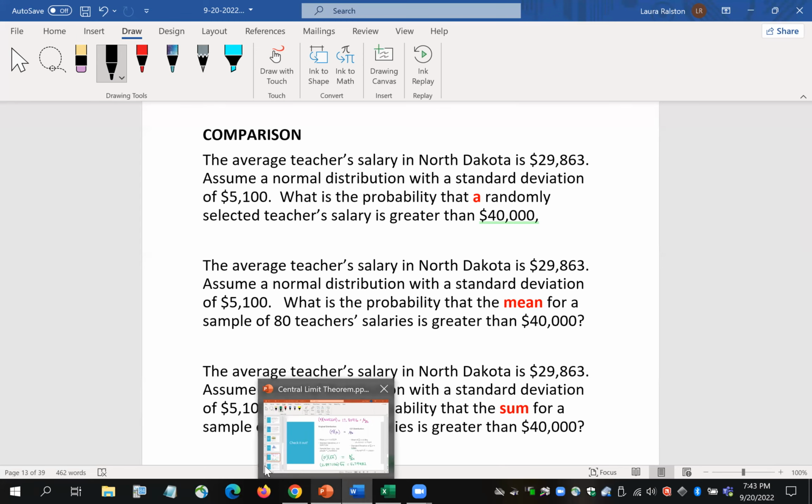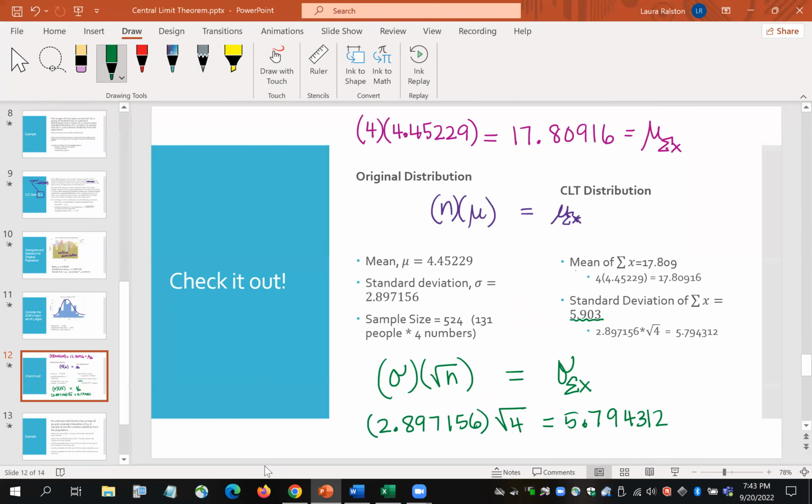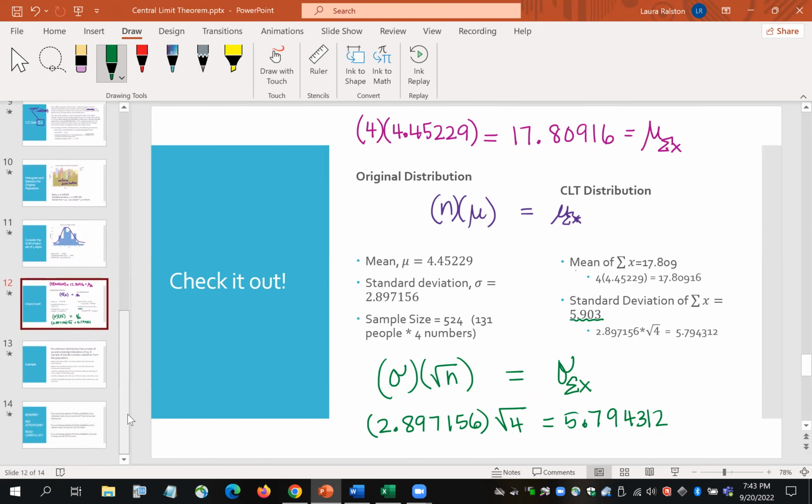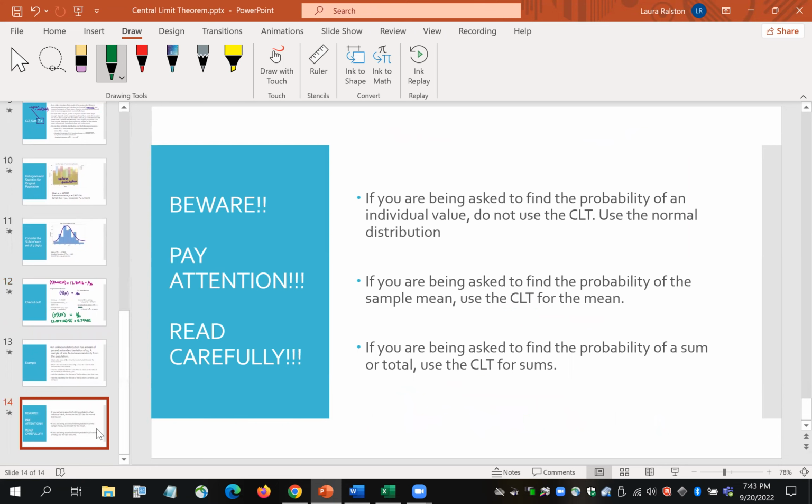I've got 3 examples there, and I'll come back to them in just a minute. But guys, you are going to have to pay attention. I cannot stress that enough. The details are important. The words are important. You're going to have to slow down, read the scenario word for word, and pay attention.